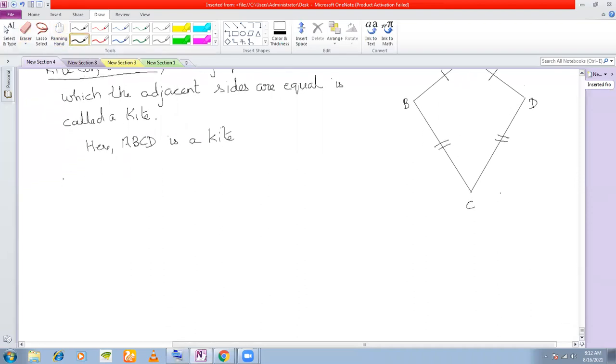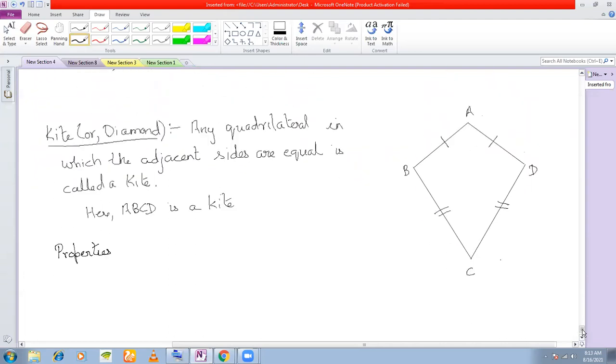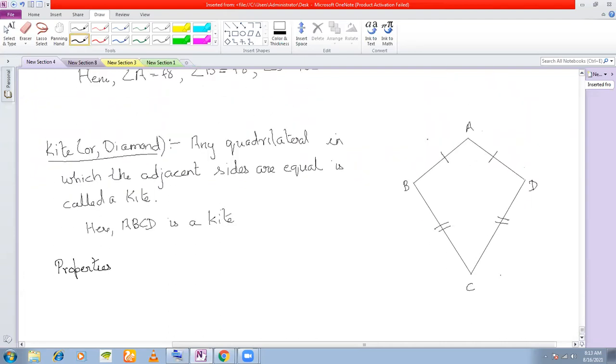Okay, next we come to the properties. Your question was that if AD and BC, if these two sides are equal, and if these two are equal, then you can say these two are equal, right?